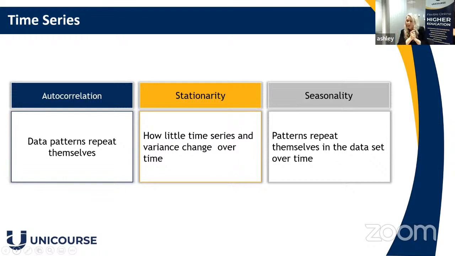Stationarity is a measure of how little a time series mean and variance changes over time. So an example is if the temperature measured across a period of 10 years is of a similar magnitude and variance after accounting for the seasonality of the data set, then the time series will be said to have high stationarity.